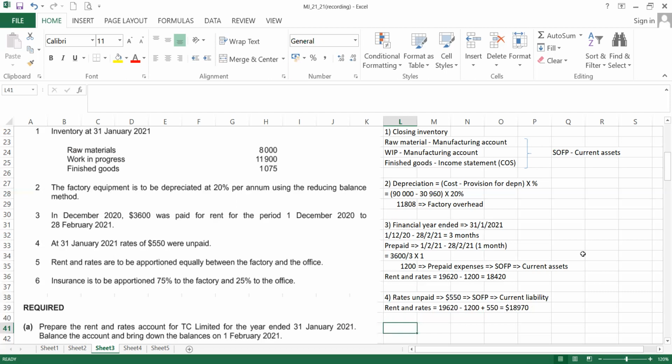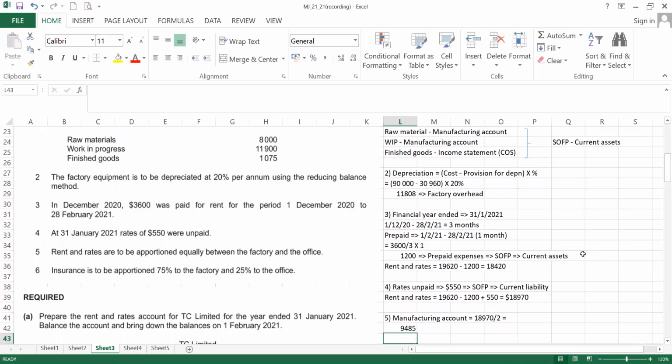But number 5, they say that rent and rate are to be apportioned equally between the factory and the office. So that means the manufacturing account will take half. 18,970 divided by 2, so we get 9,485.